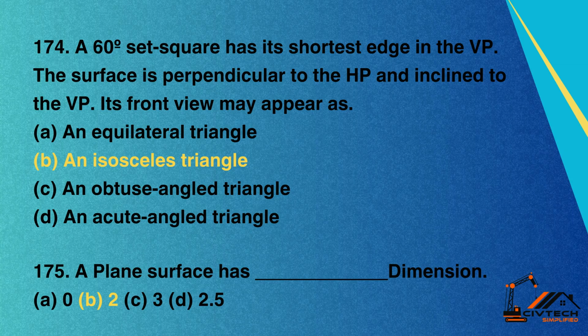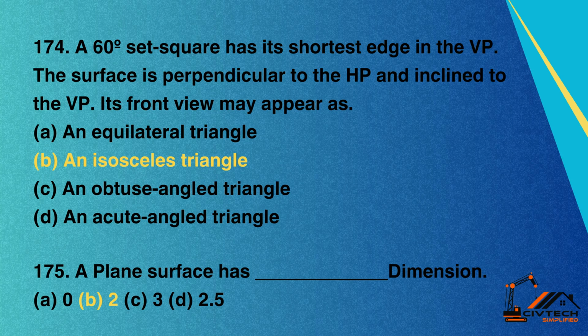174. A 60-degree set square has its shortest edge in the VP. The surface is perpendicular to the HP and inclined to the VP. Its front view may appear as A, an equilateral triangle, B, an isosceles triangle, C, an obtuse angled triangle, D, an acute-angled triangle.